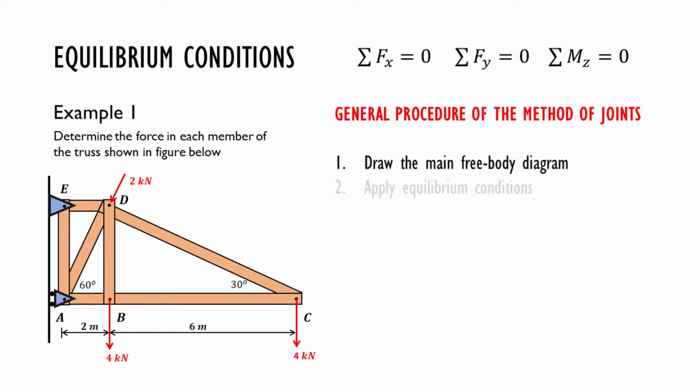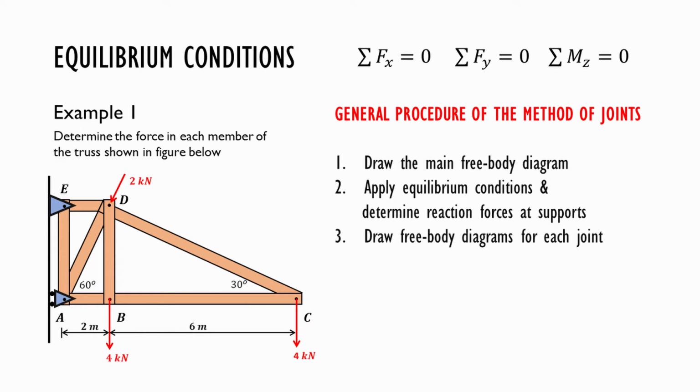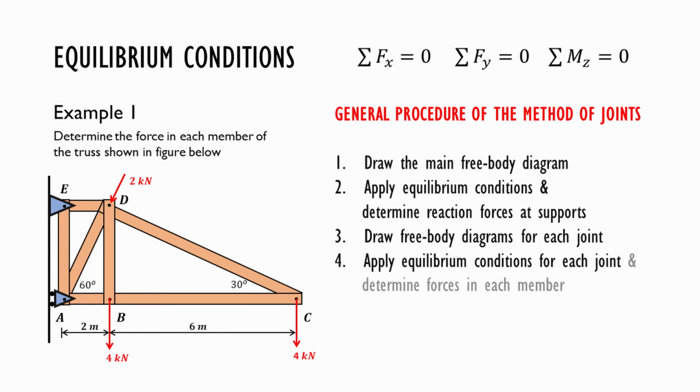Number 2, apply equilibrium conditions and determine reaction forces at supports. Number 3, draw free body diagrams for each joint. Number 4, apply equilibrium conditions for each joint and determine forces in each member.